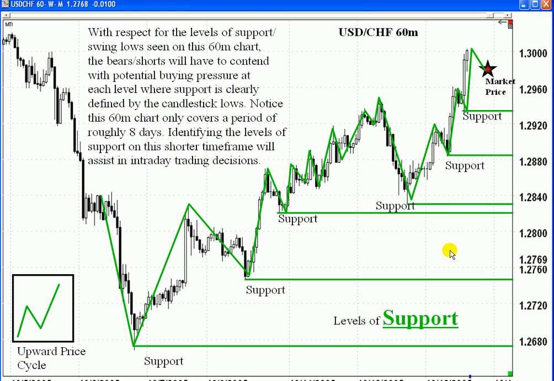Now we're moving down to a 60-minute chart. So we see it's a more microscopic view or a more magnified view of what's happening in the market. Here we see a low, a high, a low. We're making higher highs and higher lows, and we've just noted the price swings within the bigger price swings.